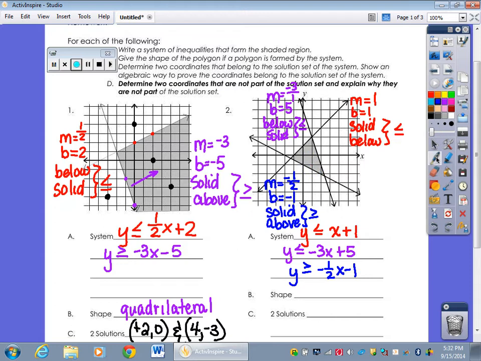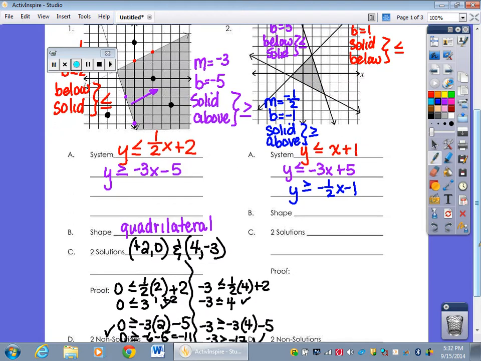All right, so now if we want to find solutions, the shape is a triangle for the shaded region. We don't have very many to choose from, so let's do (0, 0) and (1, 0). So (0, 0) and (1, 0). To prove it, we can put those into the equations.